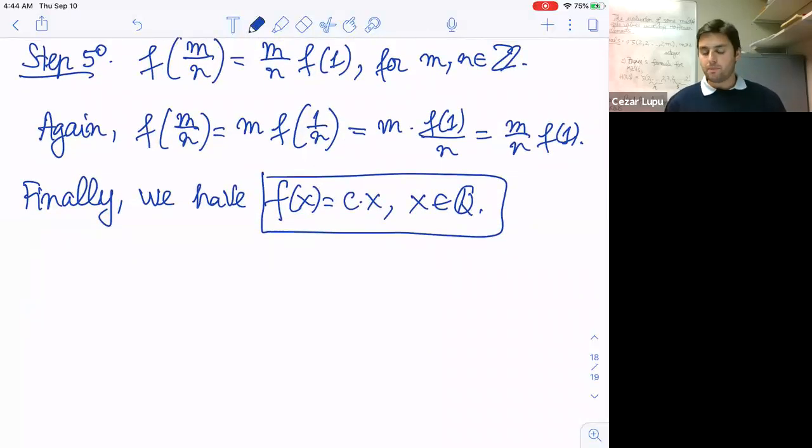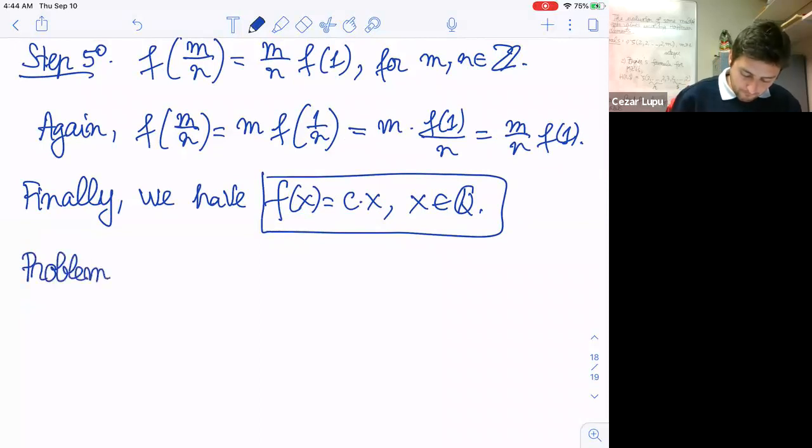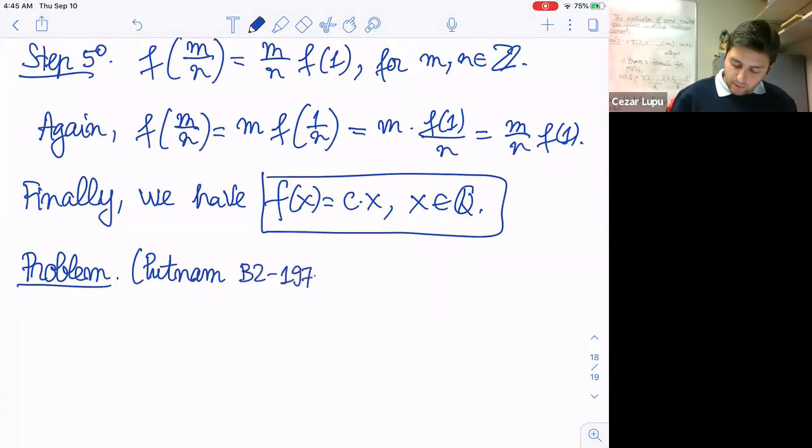And this was a Putnam problem, which says the following. This was Putnam B2 in 1971, so a long time ago. And the problem says the following.